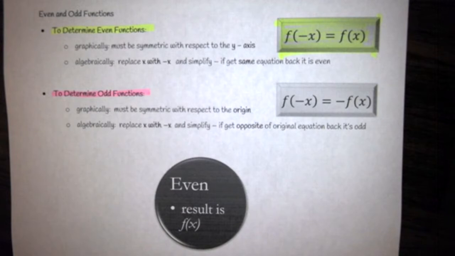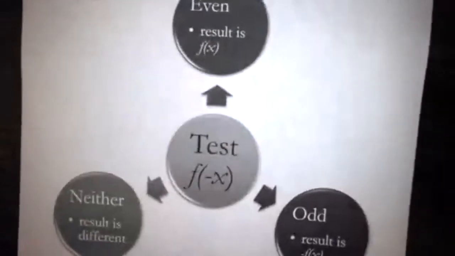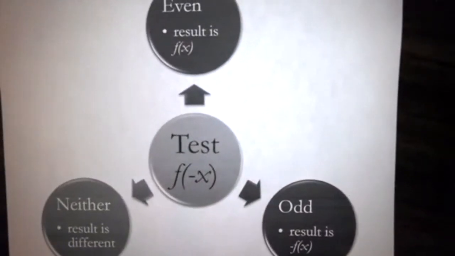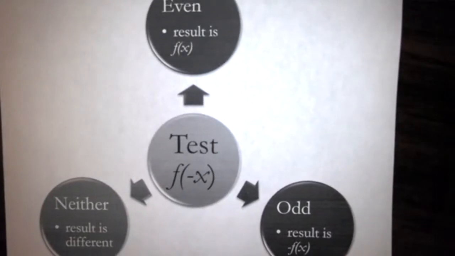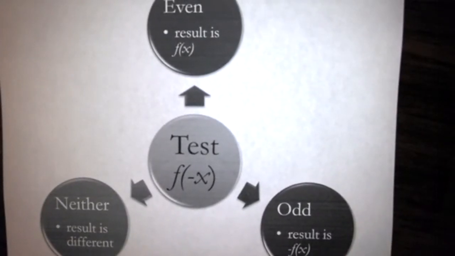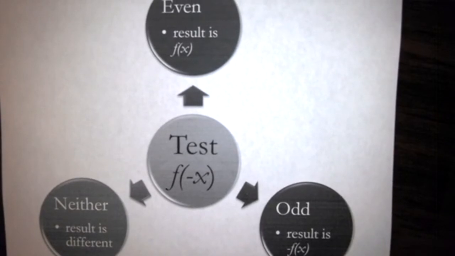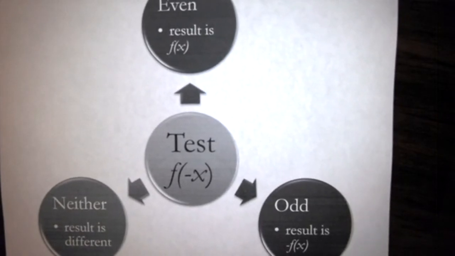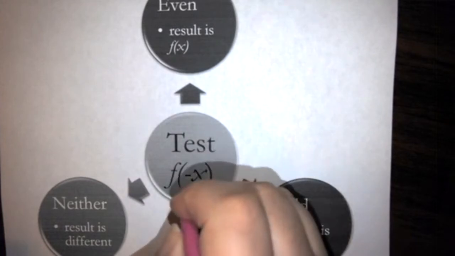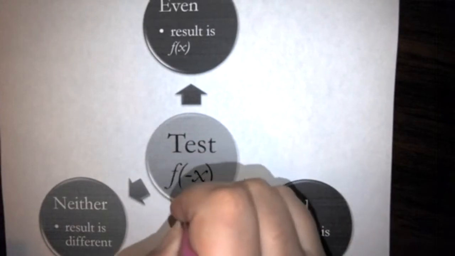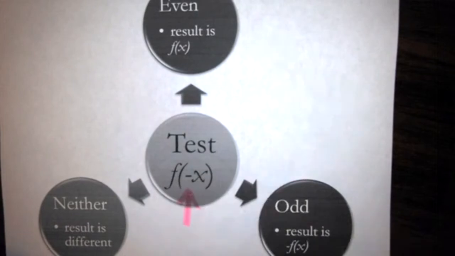Now, we have 3 tests because you have 3 possibilities. You can either have even, odd, or neither. So if you look at it, your test is going to be inputting negative x into your function and seeing what happens.